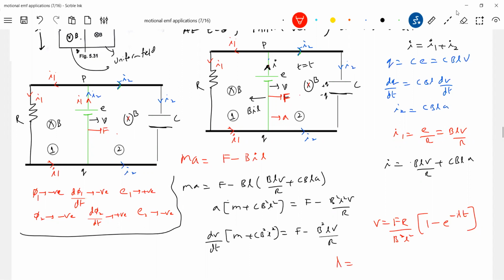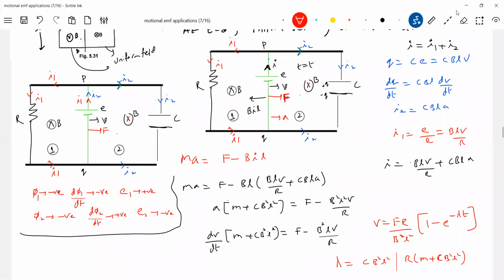Lambda is C B square L square by, this is lambda. So this is the expression. Put t equal to infinity. So finally what will happen? The rod will move with a constant speed. Rod will not come to rest.